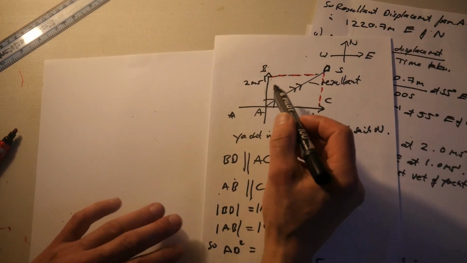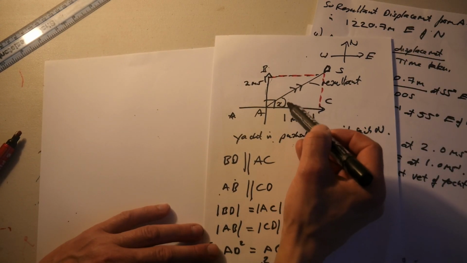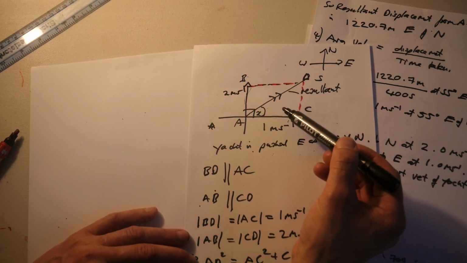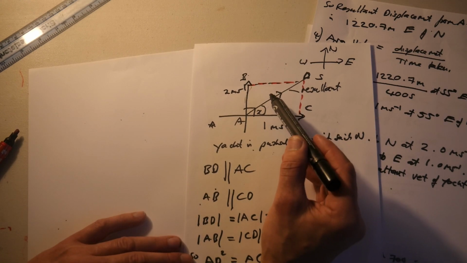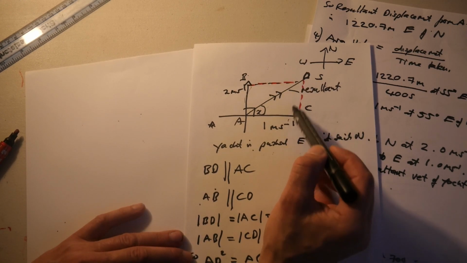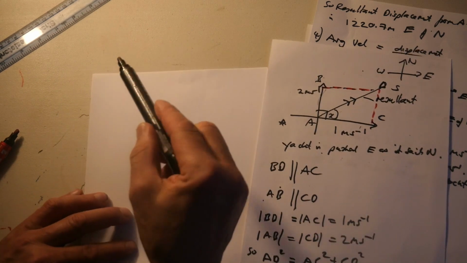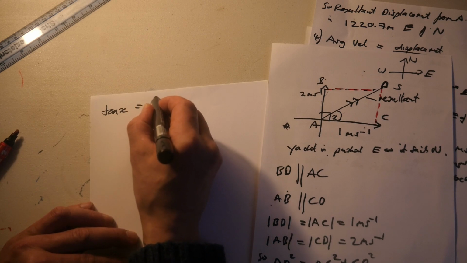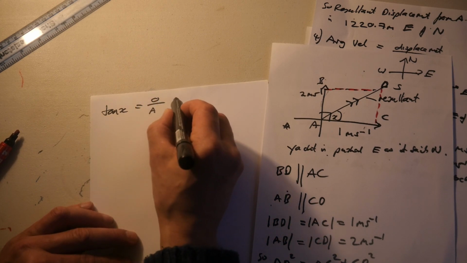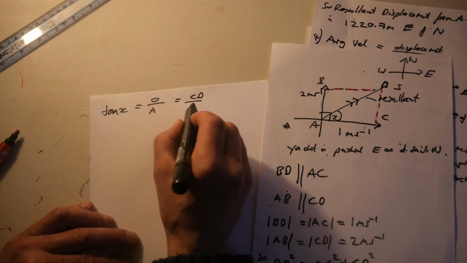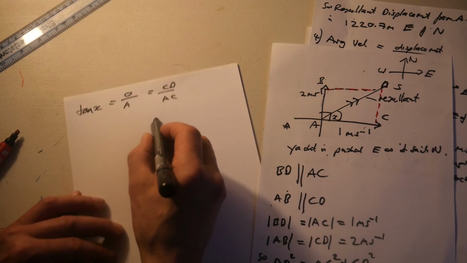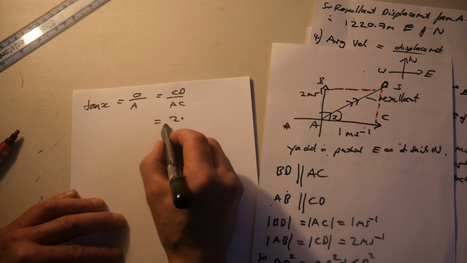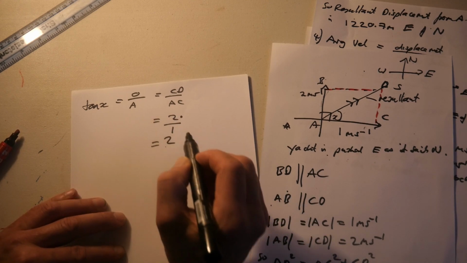Now we've got to work out the angle here to get the actual displacement, okay? So we know the length of that, we know the length of this, so we can use tan. We could use sine and cos, but we'll use tan because we know these lengths. So tan x equals opposite over adjacent, which equals CD over AC, which equals 2 over 1, which equals 2, okay?